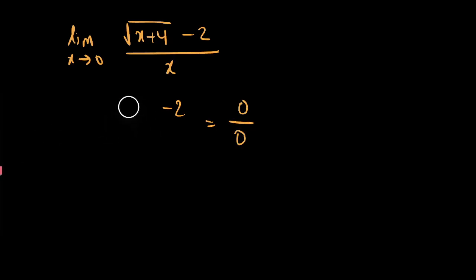So whenever we see a limit where the function has this sort of expression where we have a square root, this sort of binomial going on over here, then we can use rationalizing. We can try to rationalize this function first. And what that means is we multiply by the conjugate.